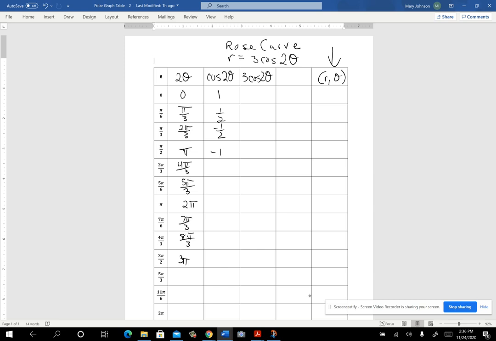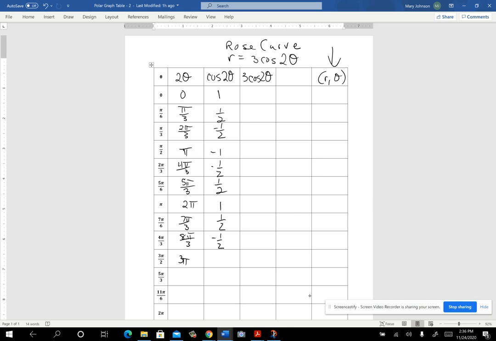Then at 4 pi over 3, you're back at -1/2. 5 pi over 3 is fourth quadrant, so you're positive again. Cosine of 2 pi is +1. Then 7 pi over 3 is really wrapped around a full rotation. It's back at pi over 3, so you're at 1/2. You can subtract 6 pi over 3, but you're going to start repeating, it looks like. Anyway, so you finish that.